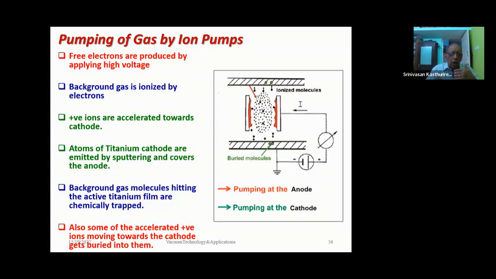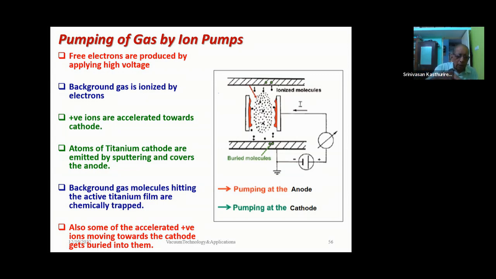Normally, when you have electrons and ions together, positive ions will be accelerated towards the cathode. The cathode is your titanium-based system here, the hatched zones. The ions are now bombarding the titanium cathode, and atoms of the titanium cathode are also emitted.